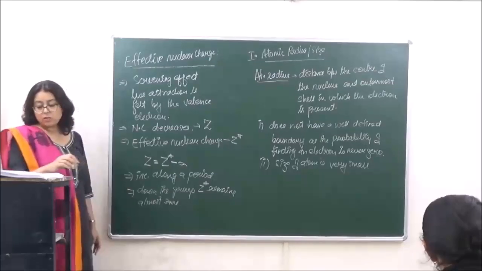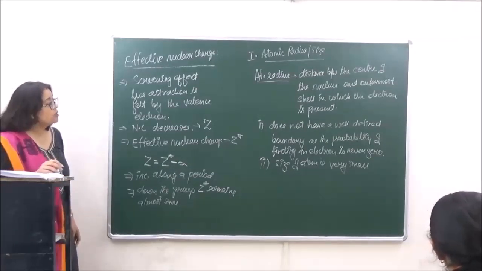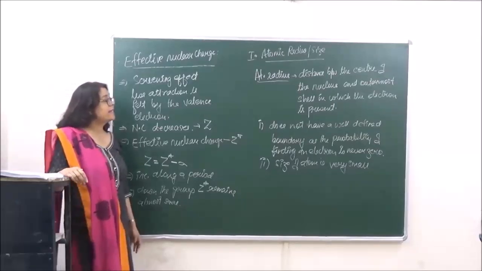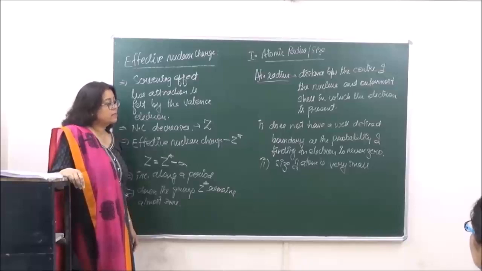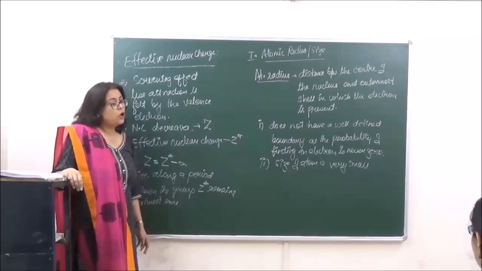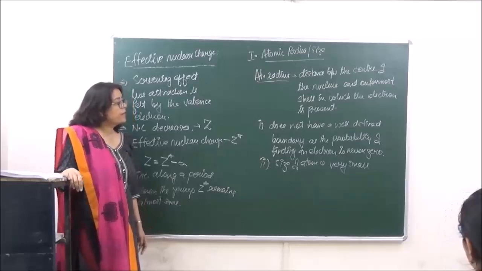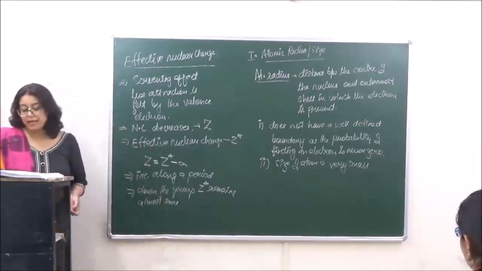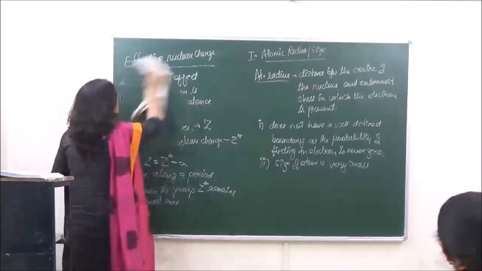Okay, so because of these two reasons, it is not possible to calculate the accurate or exact radius of any atom. We generally calculate the atomic radius of an atom in bonded form, not in isolated form. Depending upon this, we are going to study different types of radii. The first one which we will study is the covalent radius.